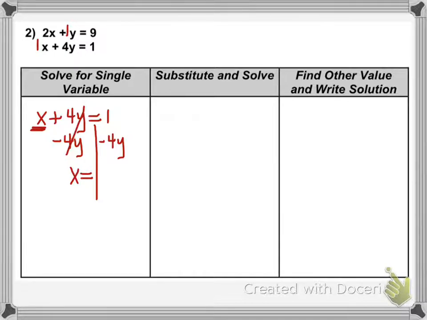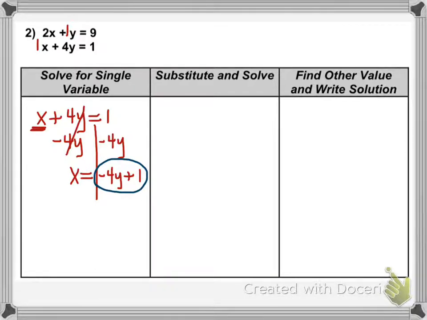So this should look a little bit like when we go from standard form to slope-intercept form. They're not like, so I can't combine them. So I'm just going to list them. It doesn't matter which one you put first. Now I have solved for x. So x equals, or is equivalent to, the expression negative 4y plus 1.